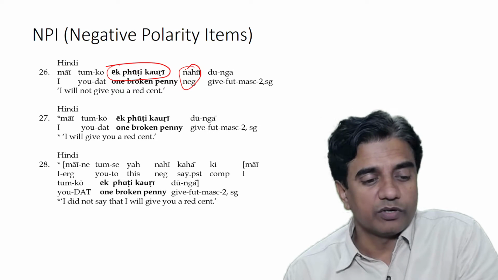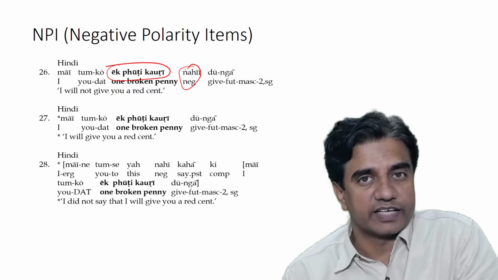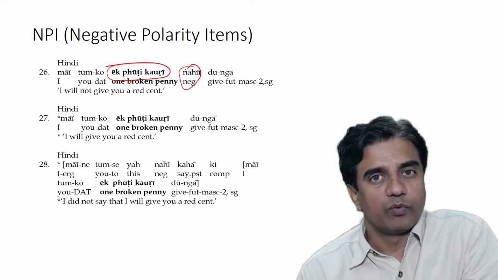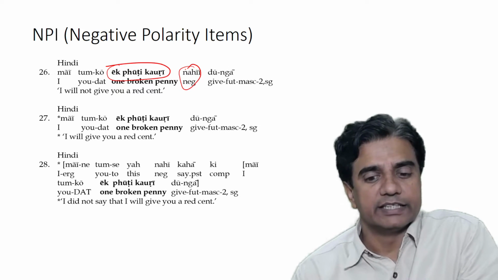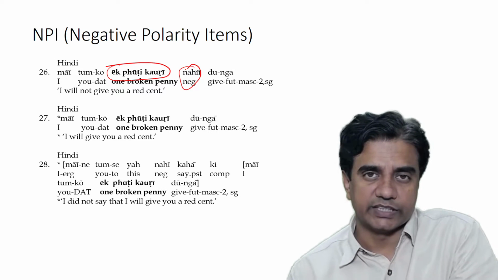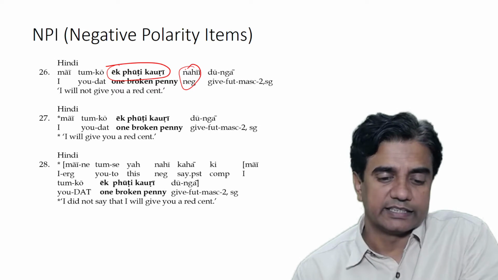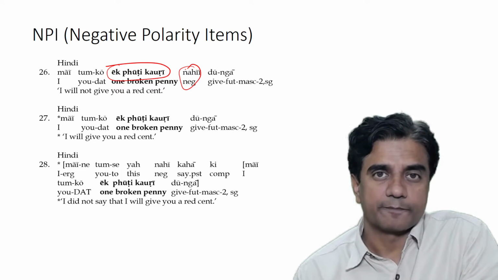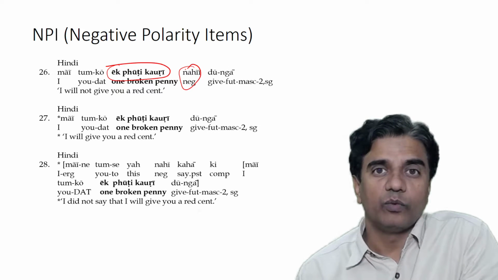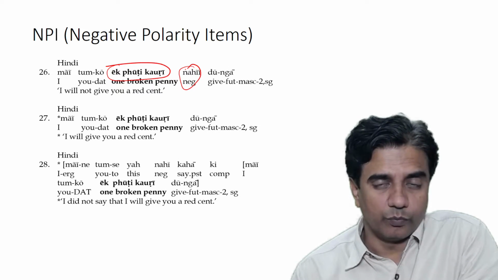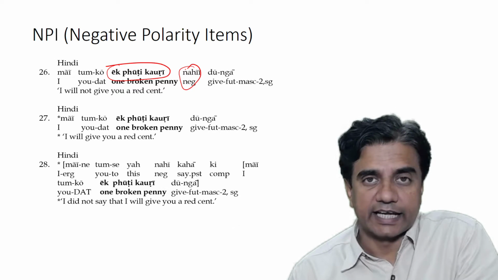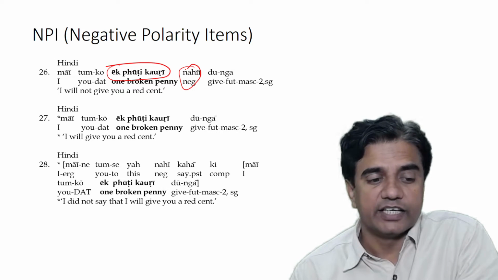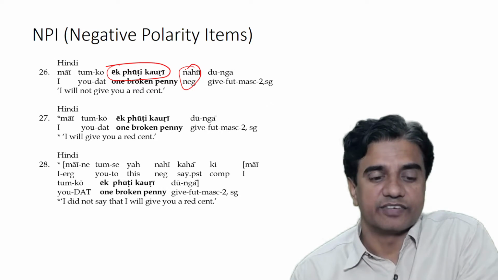What we really want to say is, I will not give you a red cent. And when we want to say such things, we must have a negative element in the sentence. So this helps us conclude that sentence 27 is ungrammatical only because what is missing from it is the negative element nahi, which is part of sentence 26.